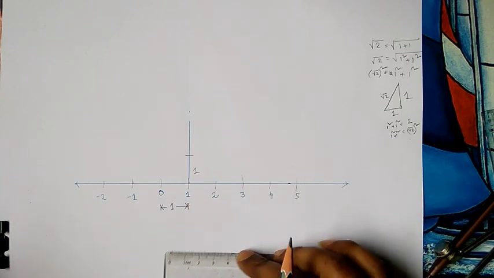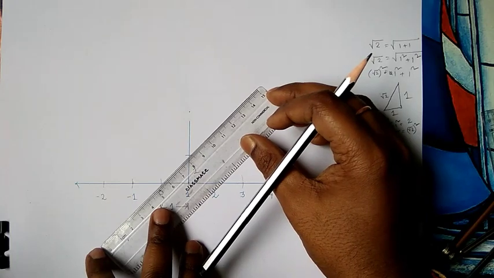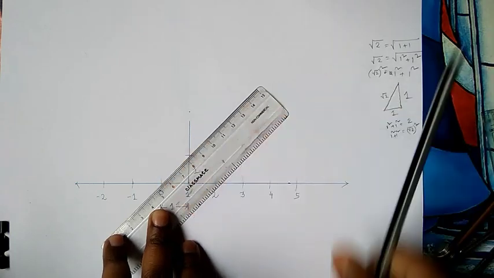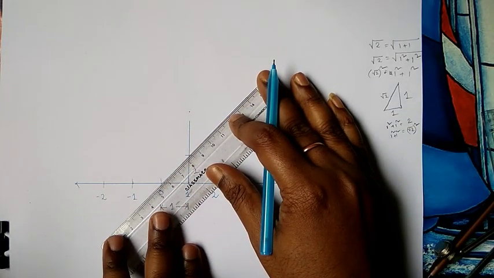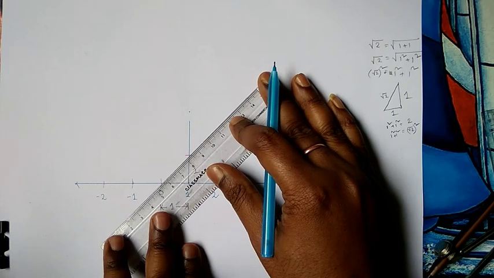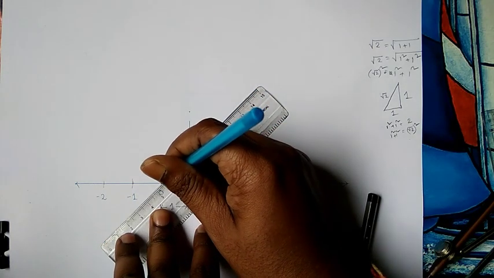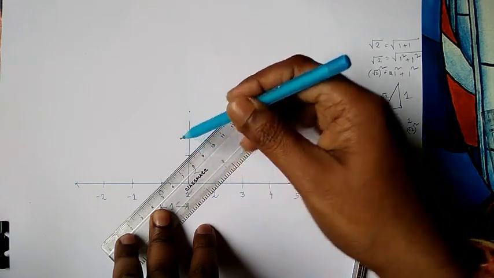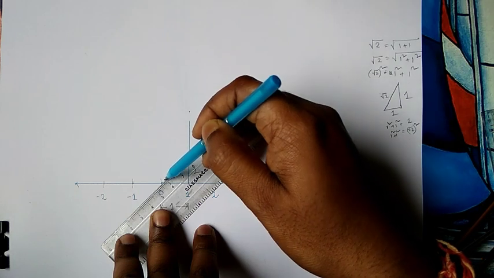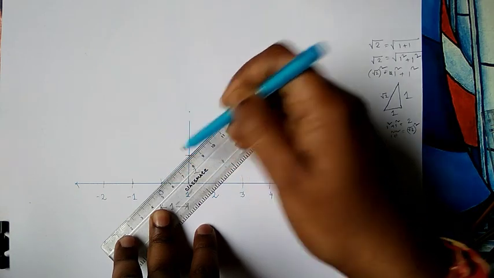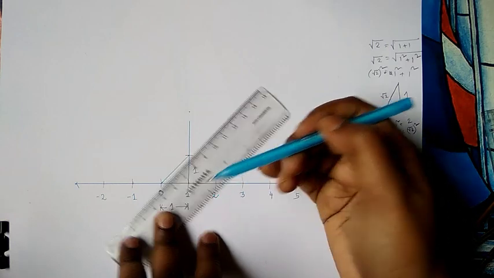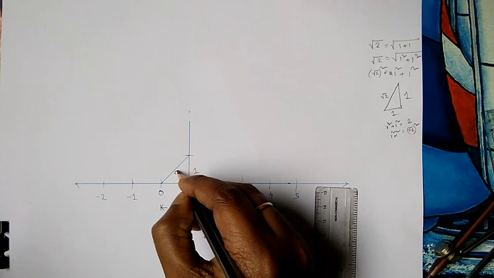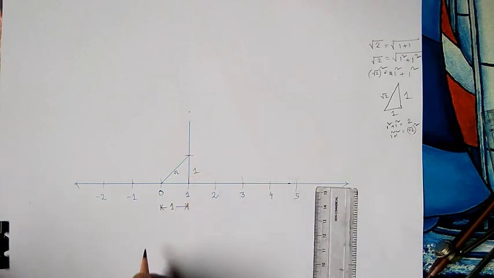Correct? Now if you join these 2 points, this length is known as root 2. So this one is how much? Root 2.